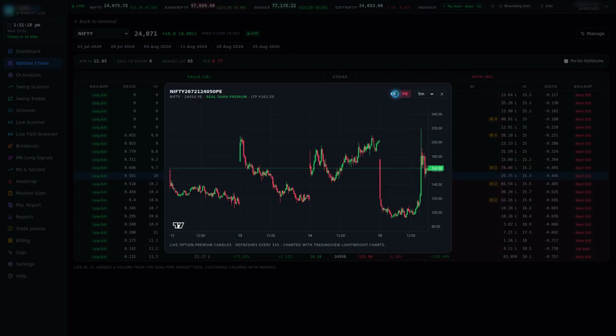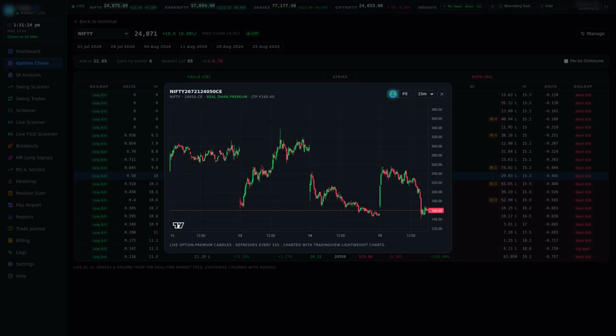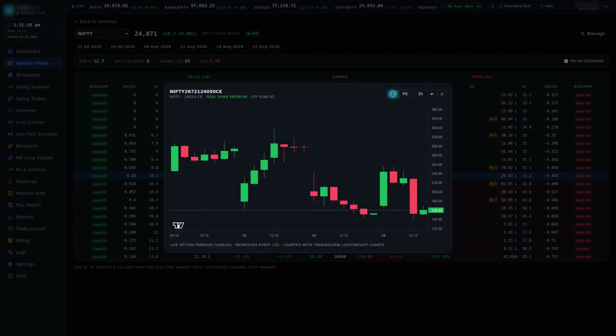Here's why both matter. The 1-minute and 5-minute charts show you the entry, the exact moment the premium turns. The 15-minute and hourly show you the bigger picture, whether the move actually has legs or whether you are about to buy into a spike that's already fading. The trick is to line them up, enter on the fast chart, but only in the direction the slow chart agrees with.